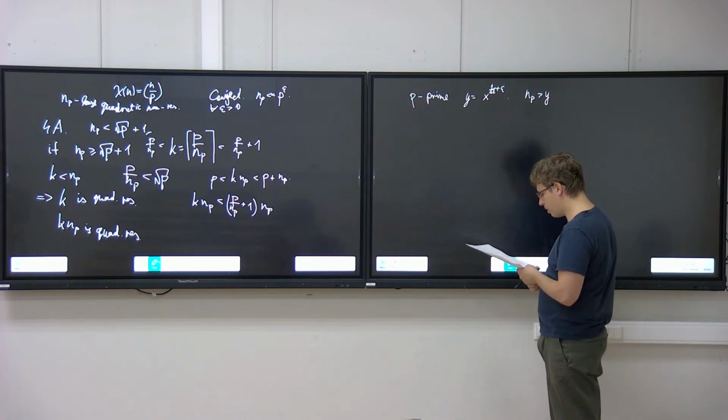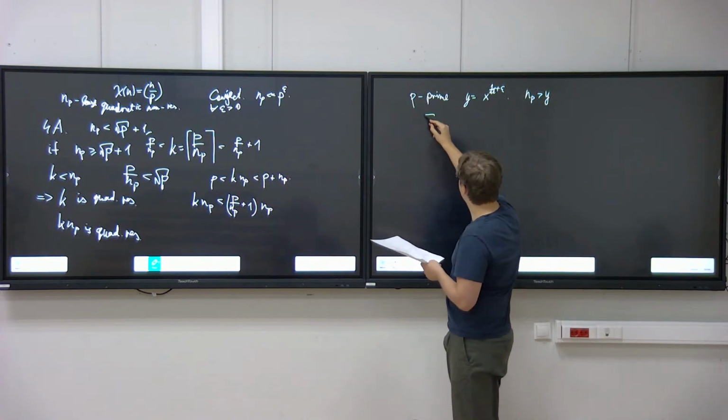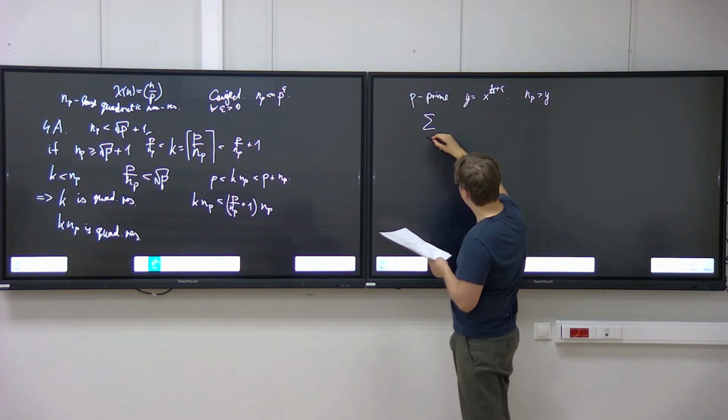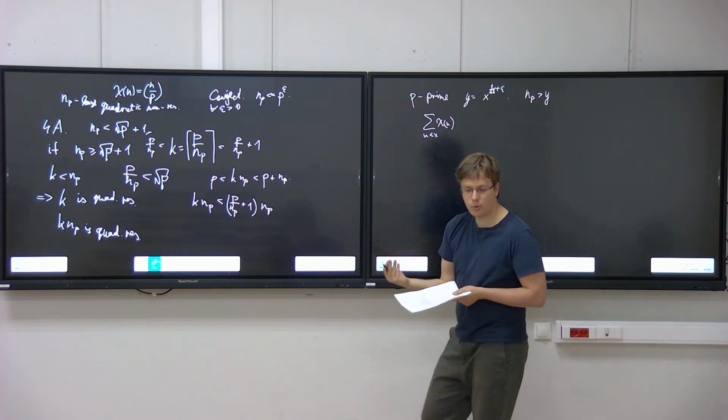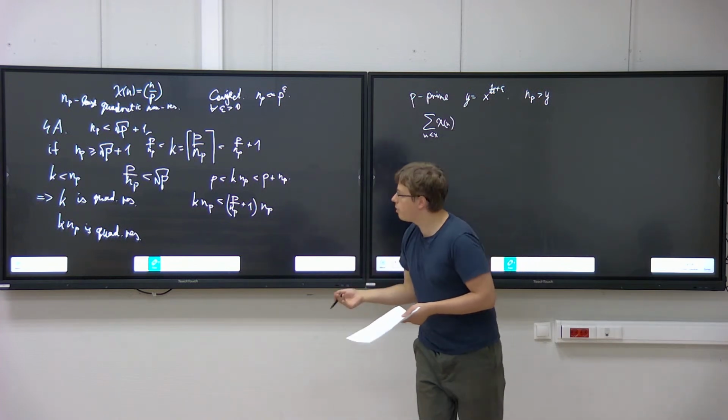We want to prove some bound for the sum of the character, n less or equal than x, of chi of n. We want some lower bounds.